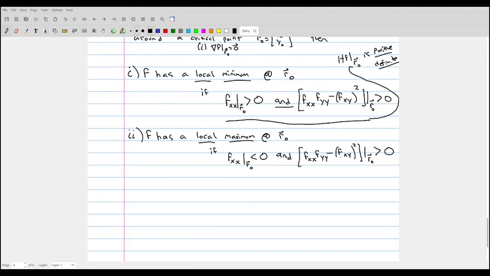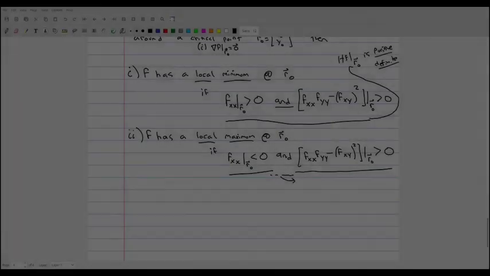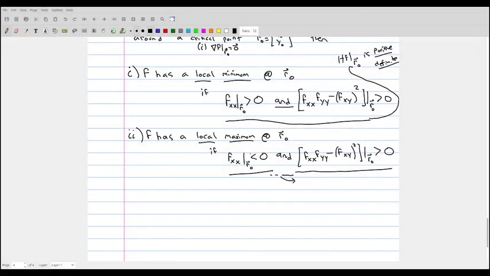This is less than 0 and this is greater than 0. If these two things are true, so the second derivative with respect to x is negative and this expression right here is positive, that means exactly that the Hessian matrix is negative definite.